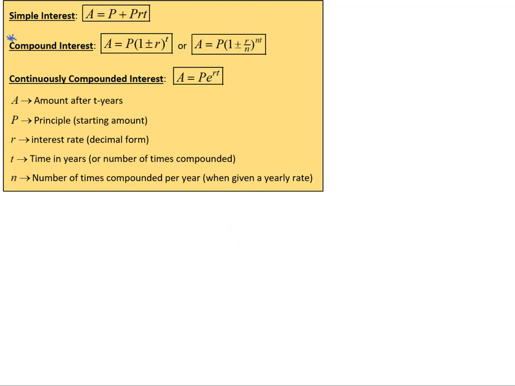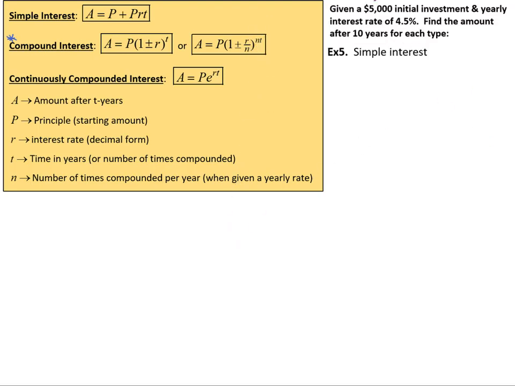Okay, so let's check out some problems with these. So we're going to use this for all these different types and look at the amounts we would get. So given a $5,000 initial investment, okay, so we actually know that P here is 5,000. That's our principal initial investment. And yearly interest rate of 4.5%. So again, now I know there's a decimal in this, but it is not in decimal form.